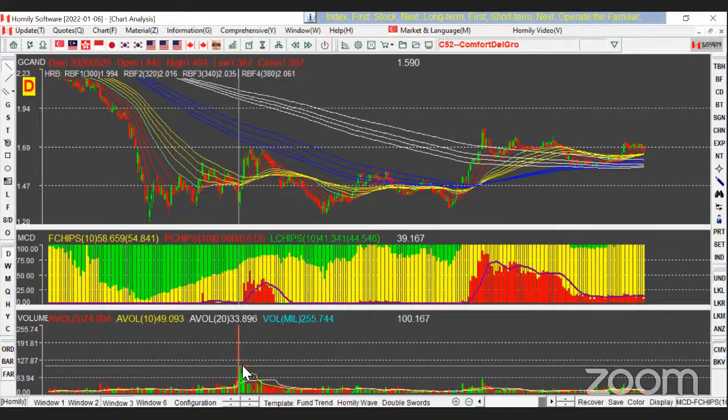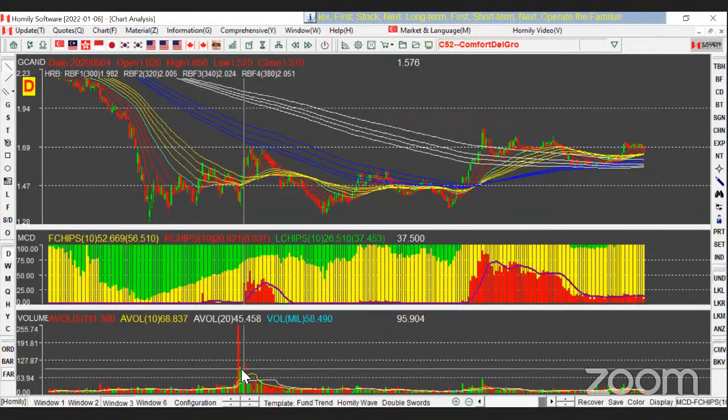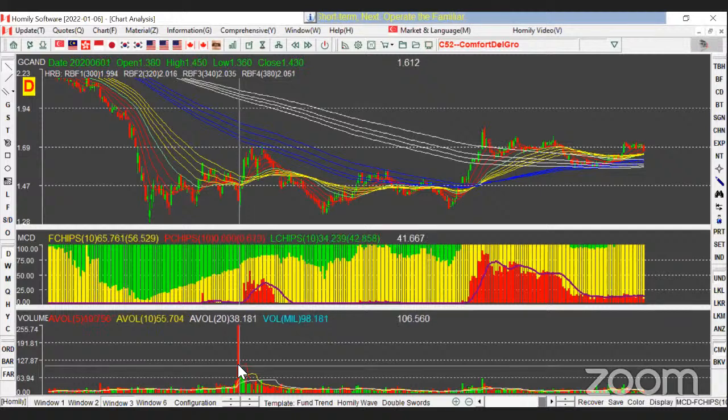Even the second biggest volume here is only less than half. So this one is even more than twice of this one, right? So this is an extremely big volume.